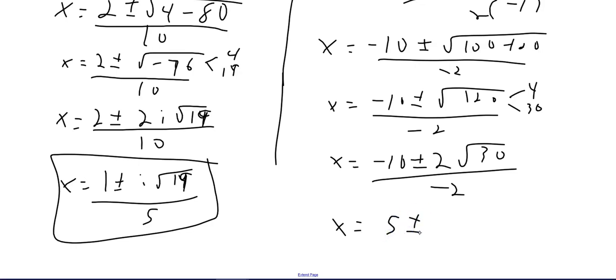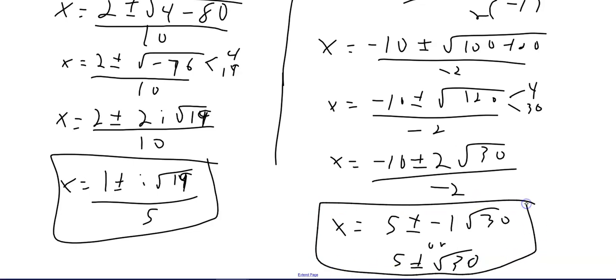Plus or minus. Now technically, 2 divided by negative 2 is negative 1. Root 30. But since we're adding and subtracting, we can also just say 5 plus or minus root 30, and we're done. That's it.